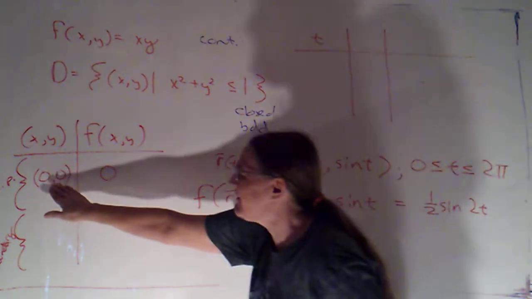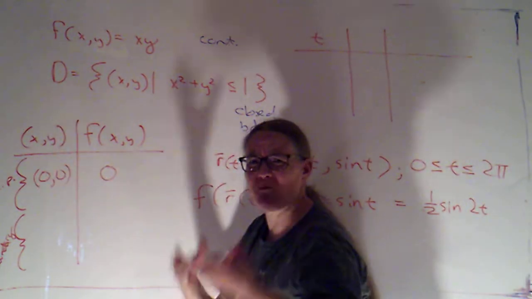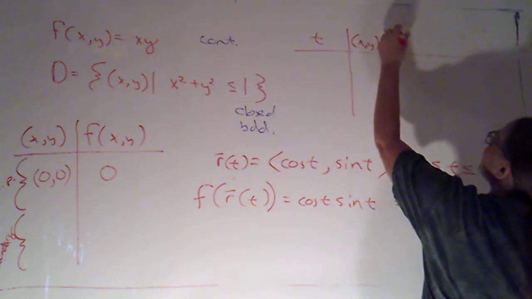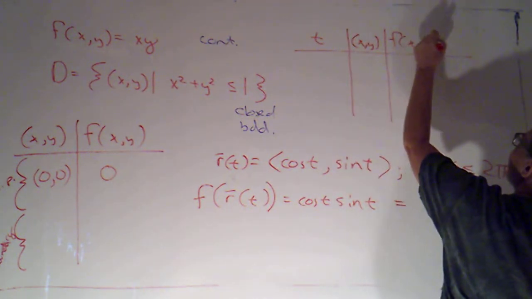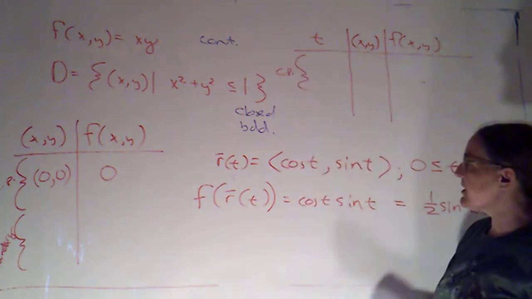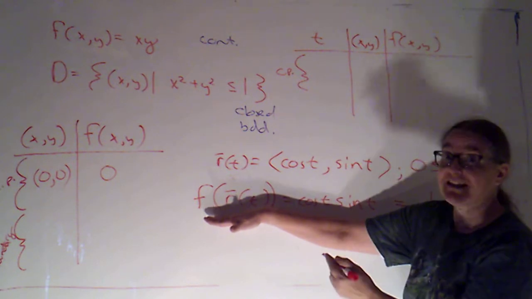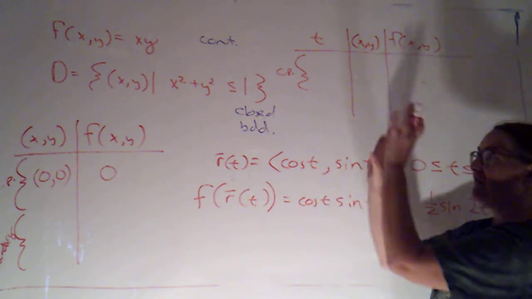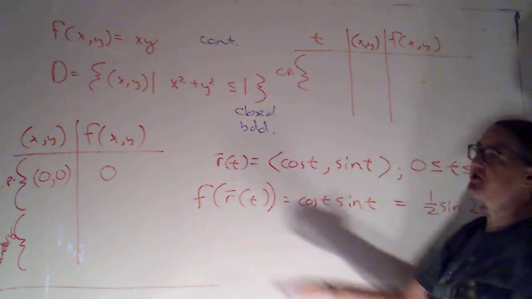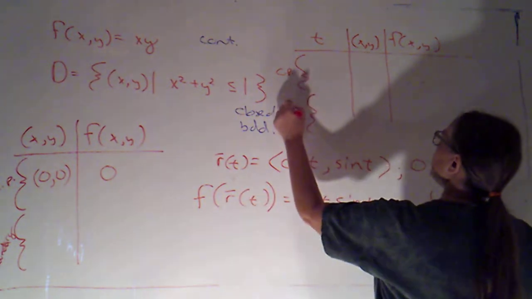But there's no t value for this critical point because that wasn't on the boundary curve that I parameterized. So t, x, y, and then f of x, y. And so I'm going to check critical points. But notice these will be critical points of f of r of t, not critical points of f, but critical points of this function composition. And then we'll check our endpoints.